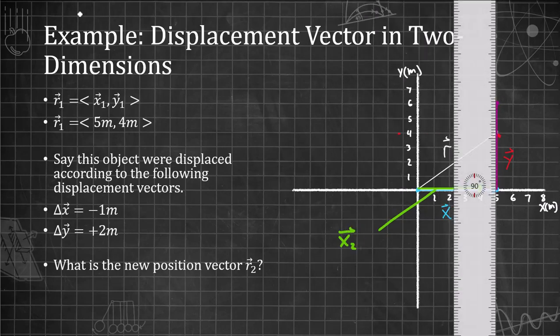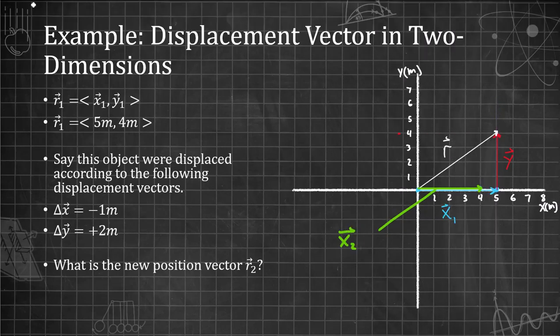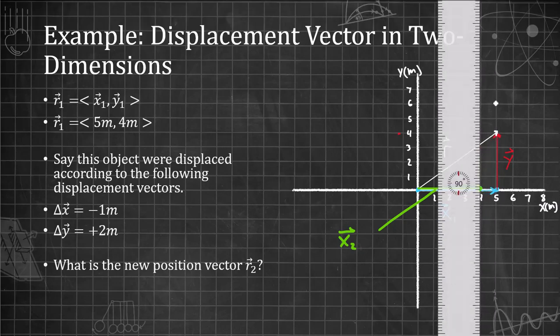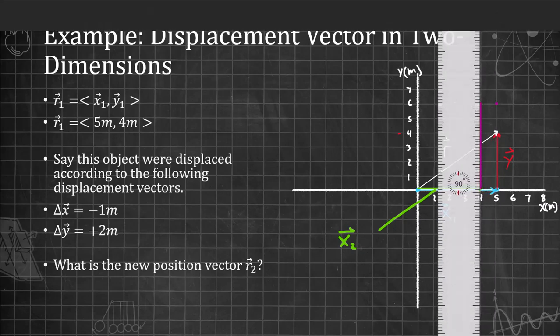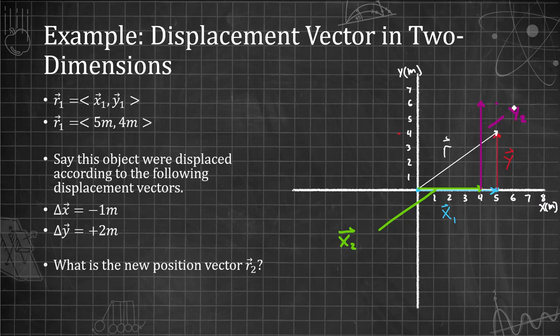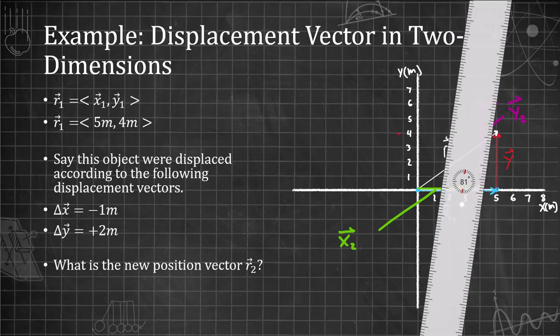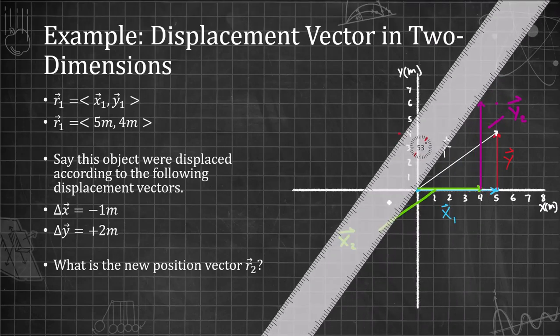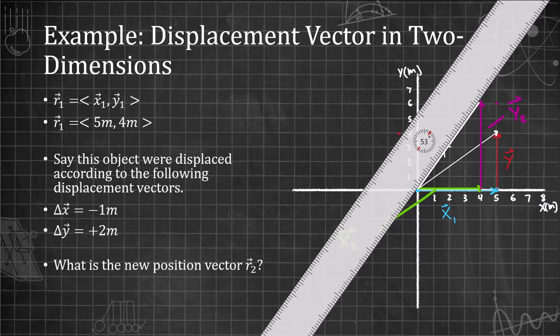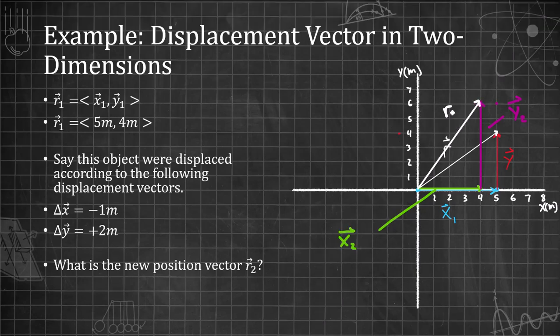So our x2 will end at 4, and then our y vector has a +2 delta, so we're going to add 2 units to our y vector, making sure to start that new y vector where the new x vector ended. We always want to make sure that the tip of one vector touches the tail of the other one. And our new r2 vector is going to start from the origin and point all the way out to where the y2 vector ends.